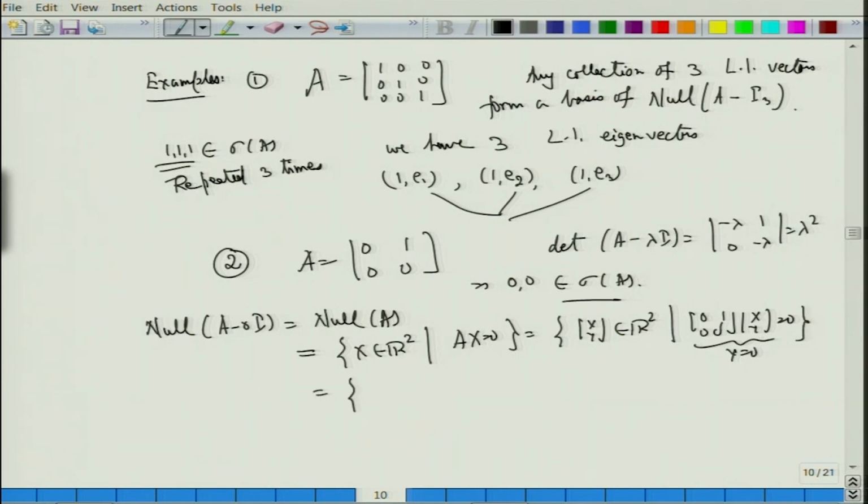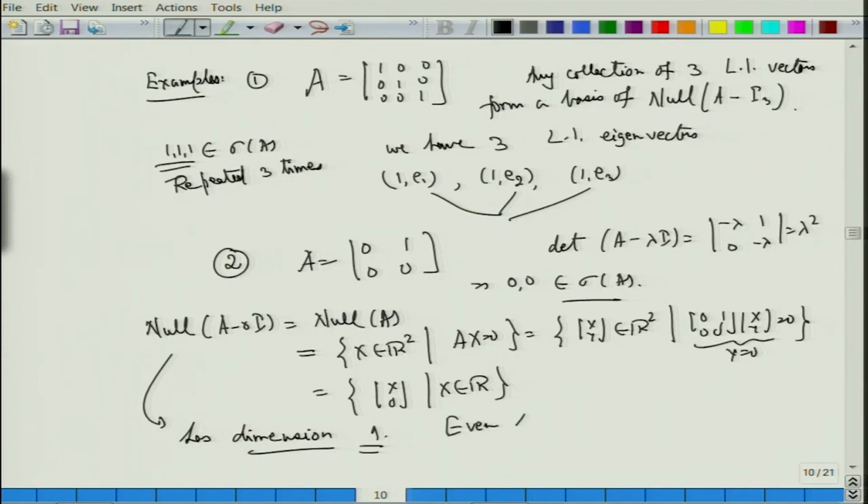So you can see that this is nothing but all vectors of the type (x, 0), x belonging to R, all right, fine. So this space has dimension 1, fine.